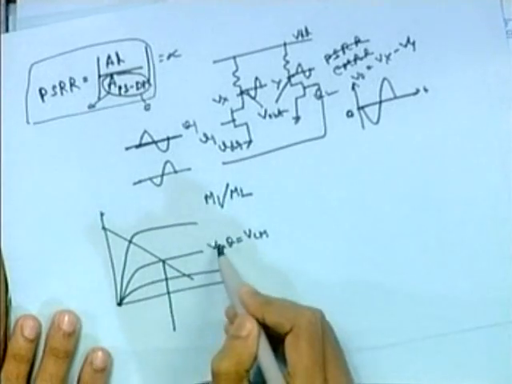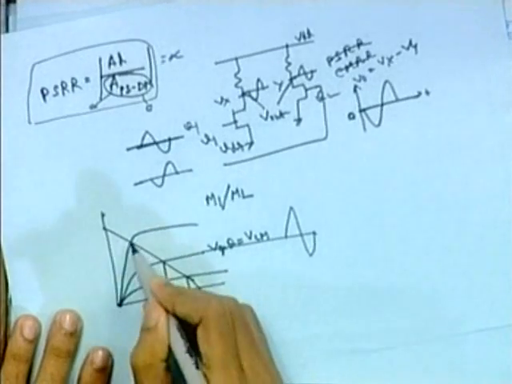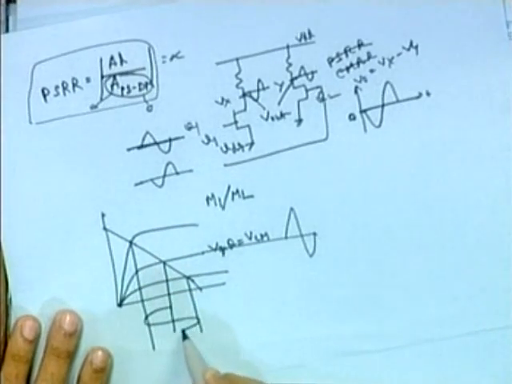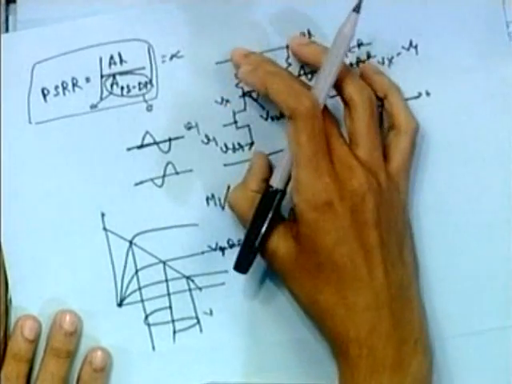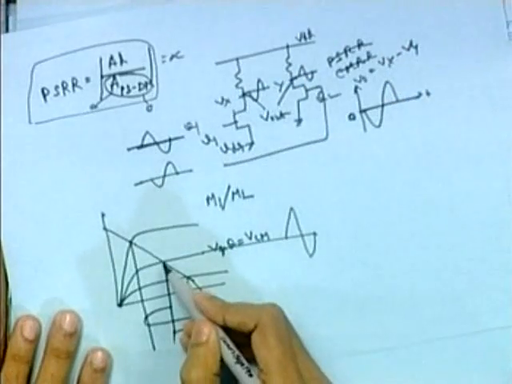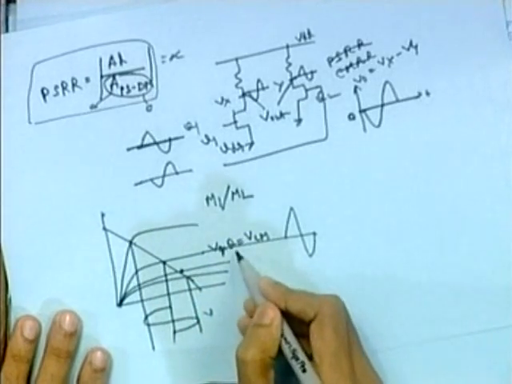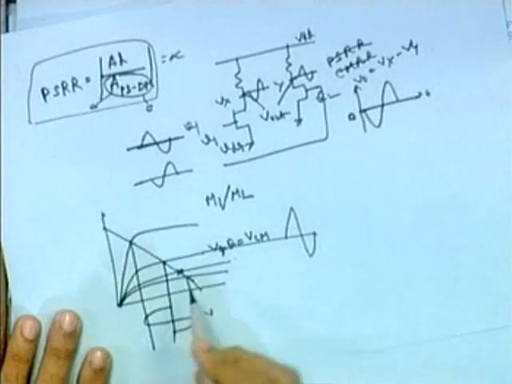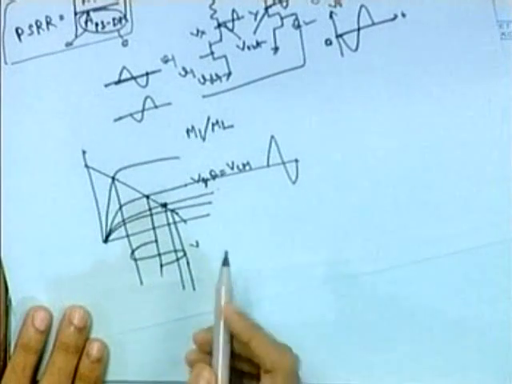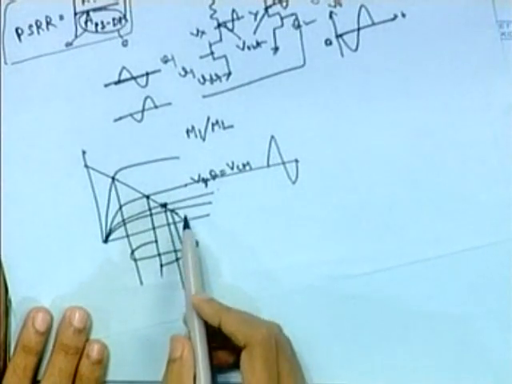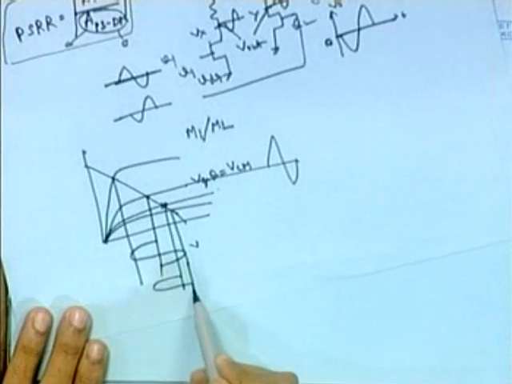It means that the input is varying like this, and we are getting this as our output for Vx. Consider only M1 first, this portion. Now suppose this CM value is changed to a new value, like here. Suppose it decreases to this value. So our Q point shifted. So we will get a new output, but that will be clipped. The lower end will be as it is, but the upper end will be clipped.